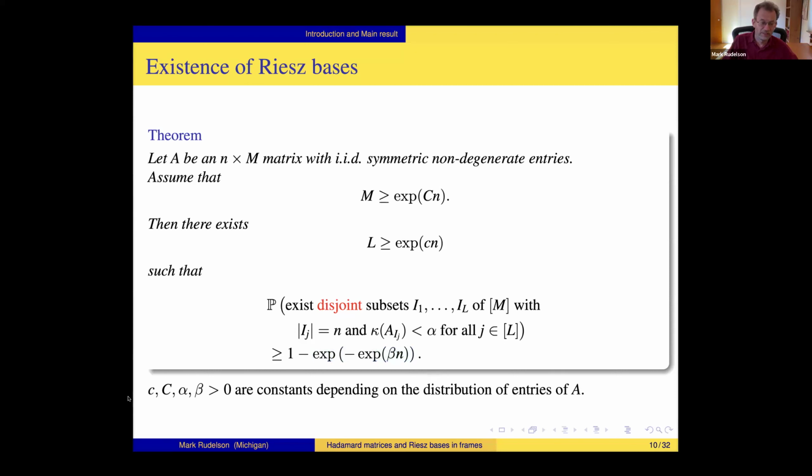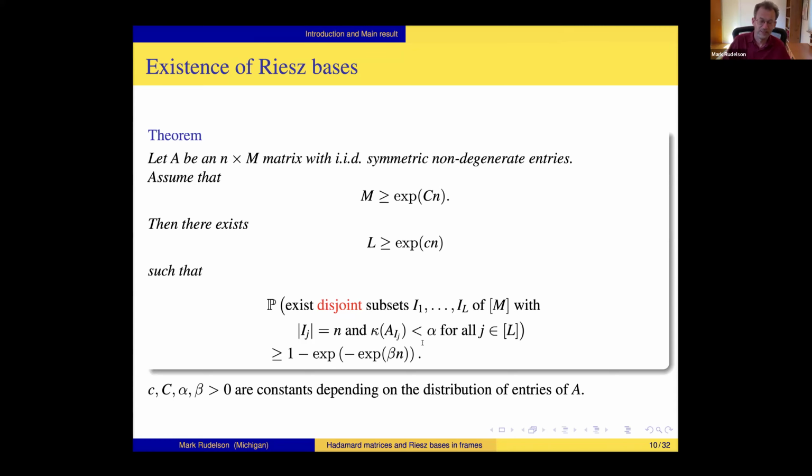And all the constants here are depending only on the distribution of entries, which I assume to be IID, and are independent of the involved parameters, and in particular of the dimension. And moreover, the constant alpha is not something crazy. If you trace the proof, you will see that for large dimensions, you can get alpha equal to 4, for example.